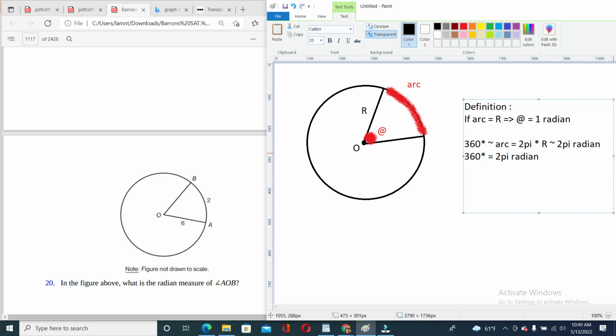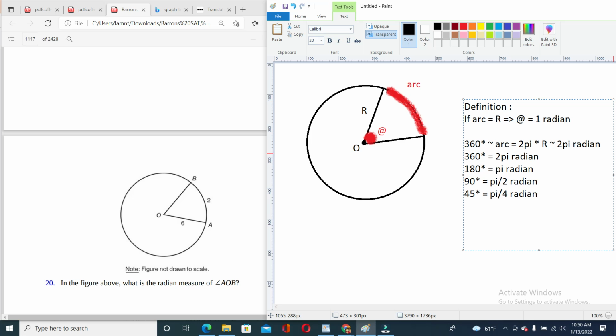Similarly, you can figure out 180 degrees is pi radians. 90 degrees is pi over 2 radians. And 45 degrees is gonna be pi over 4 radians.